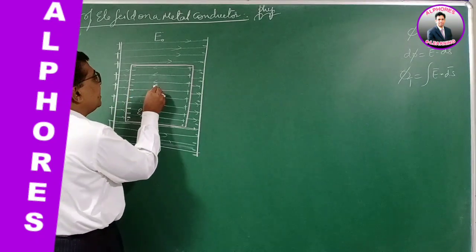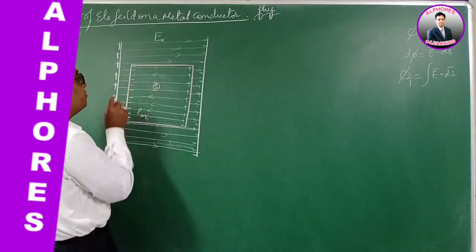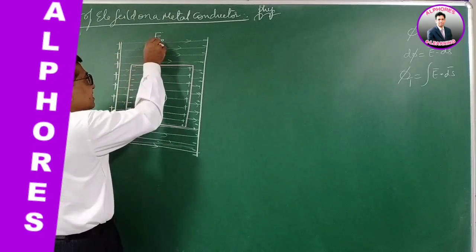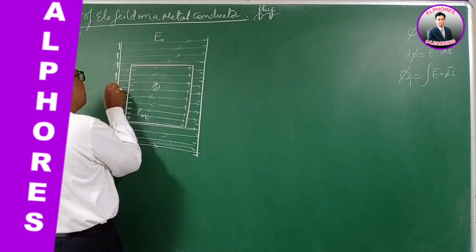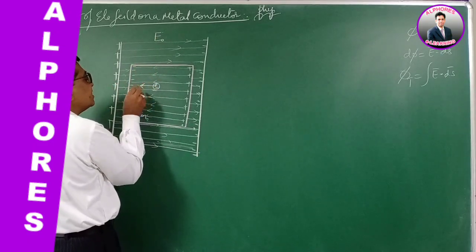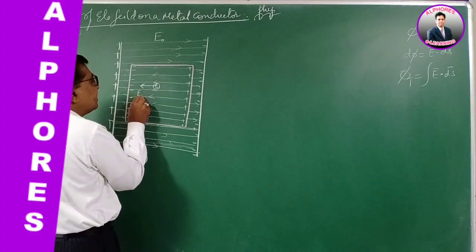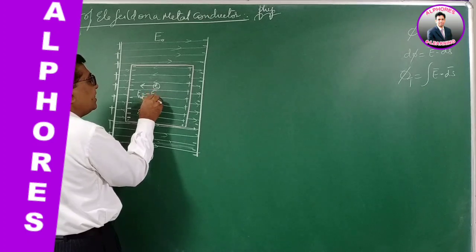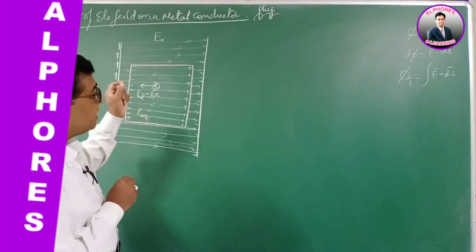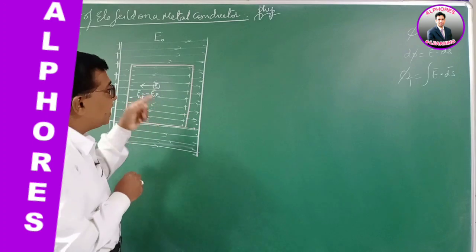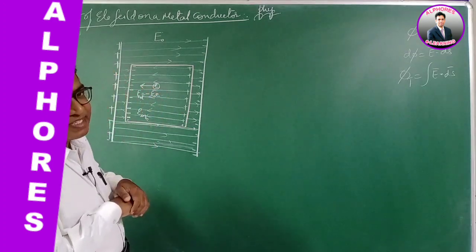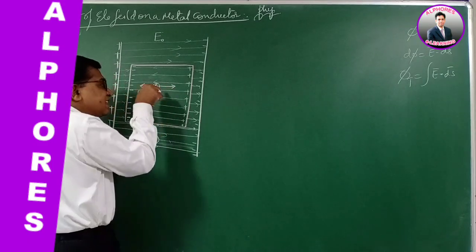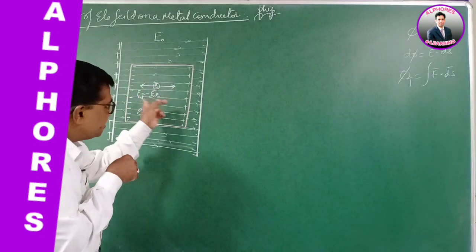Now if I consider any free electron somewhere in between, due to the external electric field E naught it is attracted by the positive charge, so it experiences force in this direction: minus E naught into e. The same electron also experiences force due to the induced electric field inside the metal, in the opposite direction.